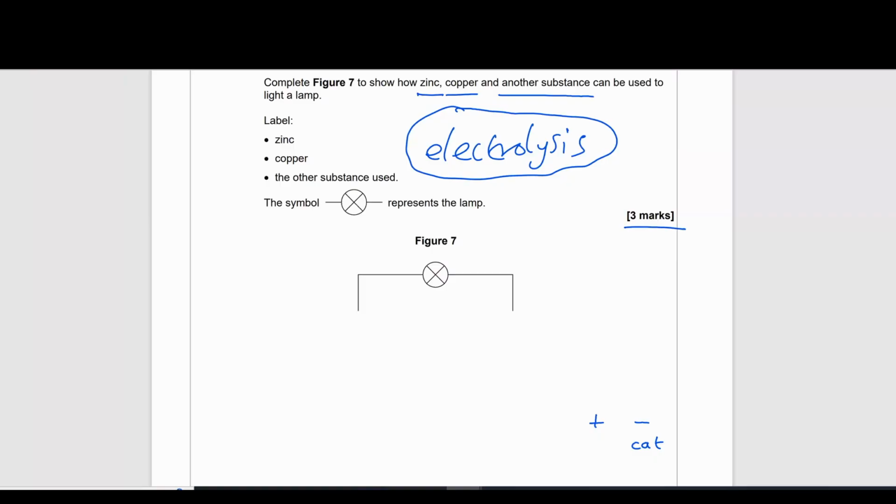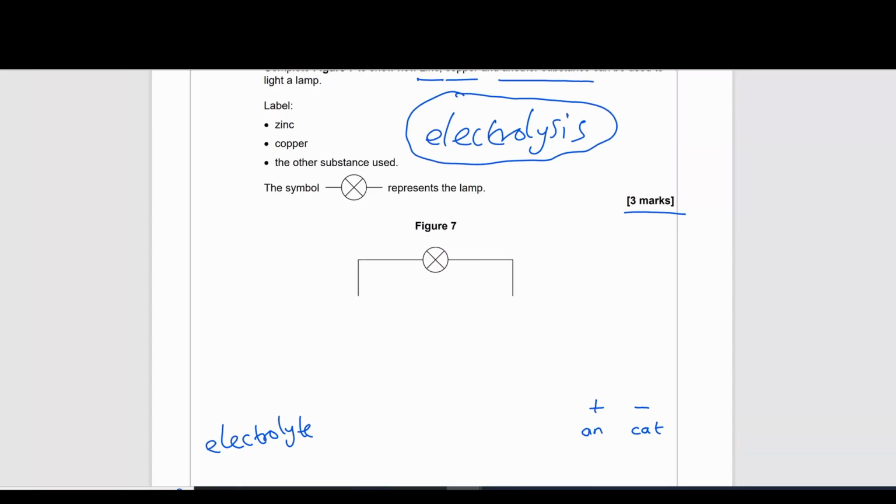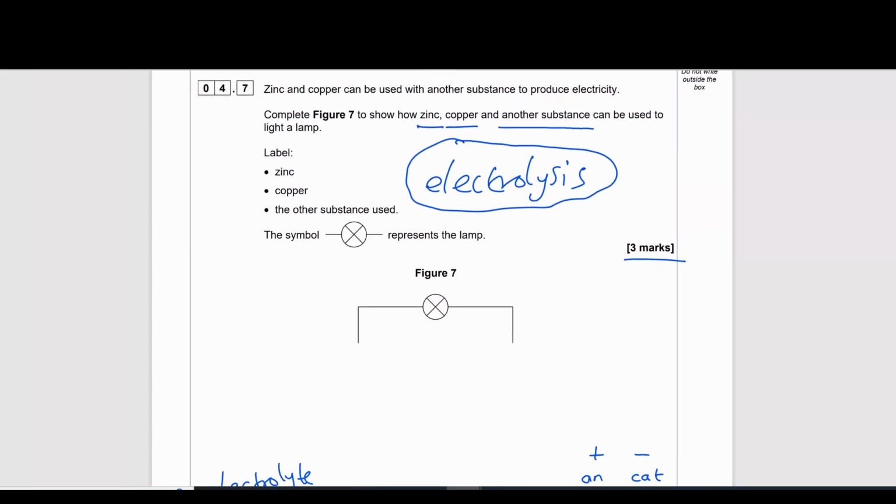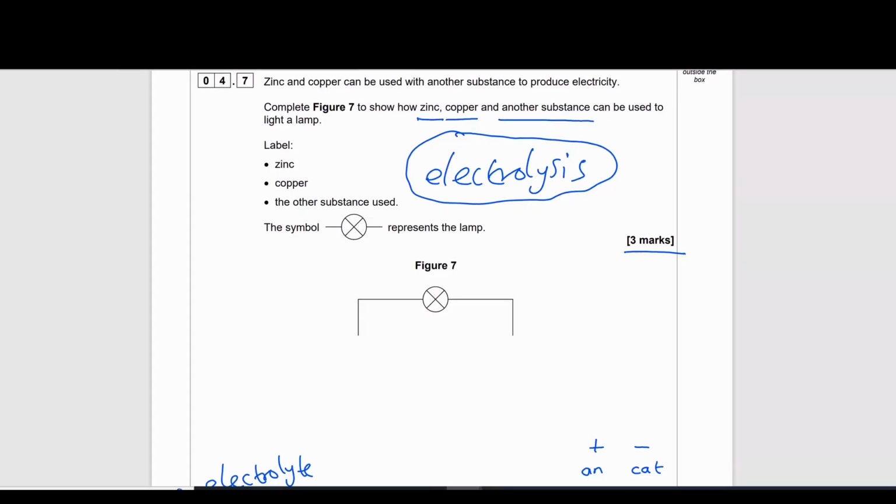The negative electrode is called the cathode, a positive electrode called the anode. Those electrodes have to be placed in an electrolyte, and the electrolyte should contain some compound which has ions which are free to move. So in this case, our other substance is probably going to be our electrolyte.